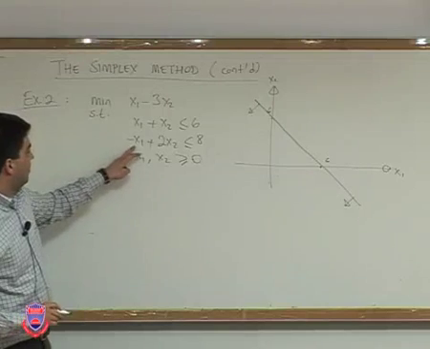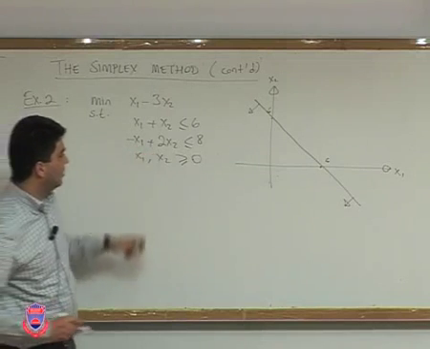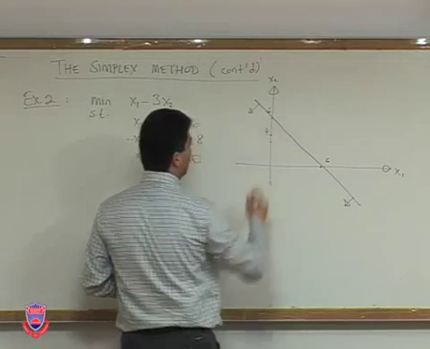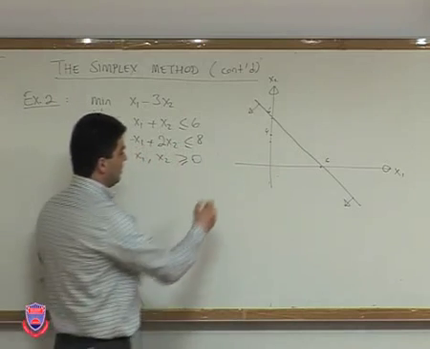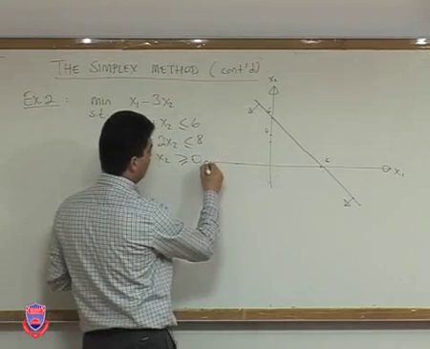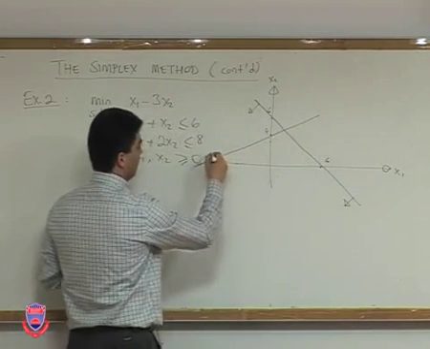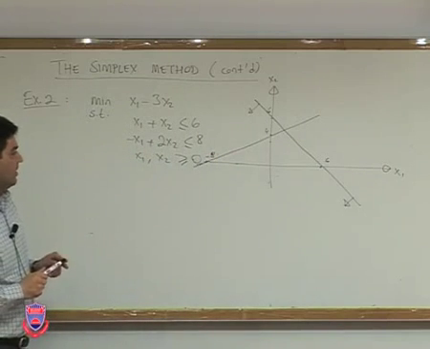Let me look at the second constraint. If x1 is 0, x2 is equal to 4, and 4 is somewhere over here. If x2 is 0, x1 is equal to minus 8, which is somewhere over here. It goes through these two points, so this is the line corresponding to minus x1 plus 2x2 equals 8.